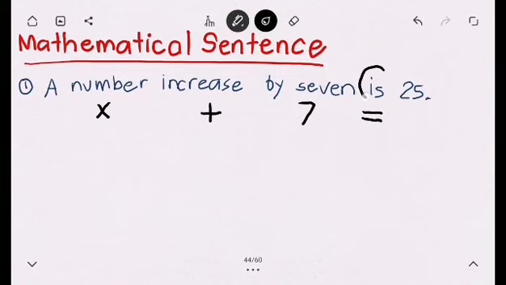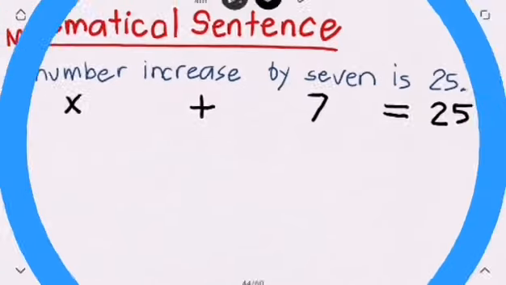So, tandaan na kapag nakita natin yung word na is, lagi siyang equal. And then, yung last na detail, which is 25. So, a number increased by 7 is 25 in a mathematical sentence can be represented by x plus 7 equals 25.